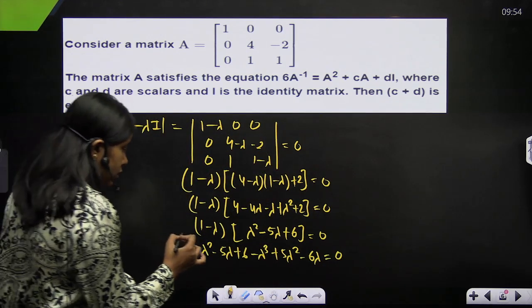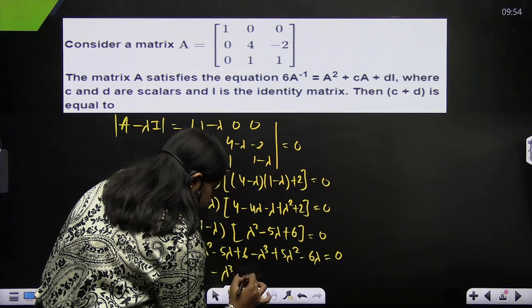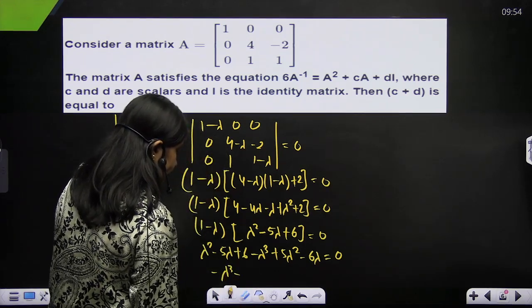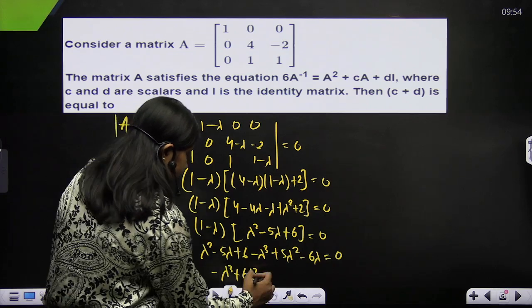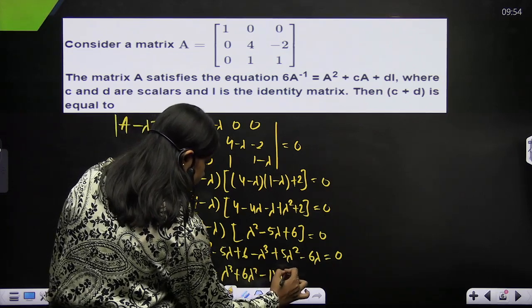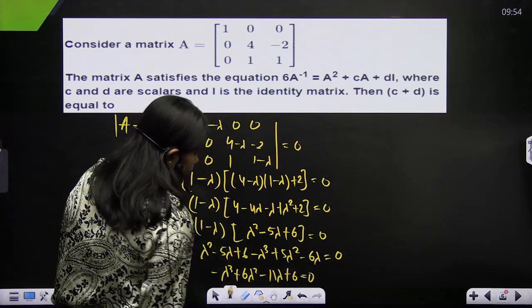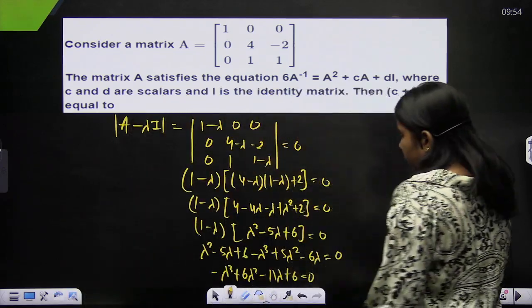Now the characteristic equation would become minus lambda cube plus 6 lambda square minus 11 lambda plus 6 equals 0. Can I write this by taking the negative to the right side?